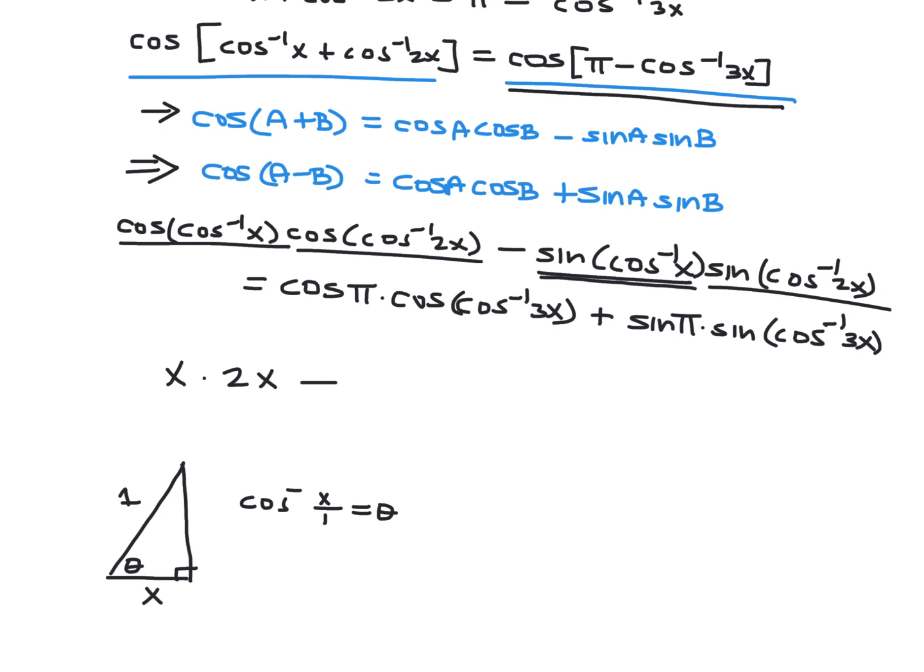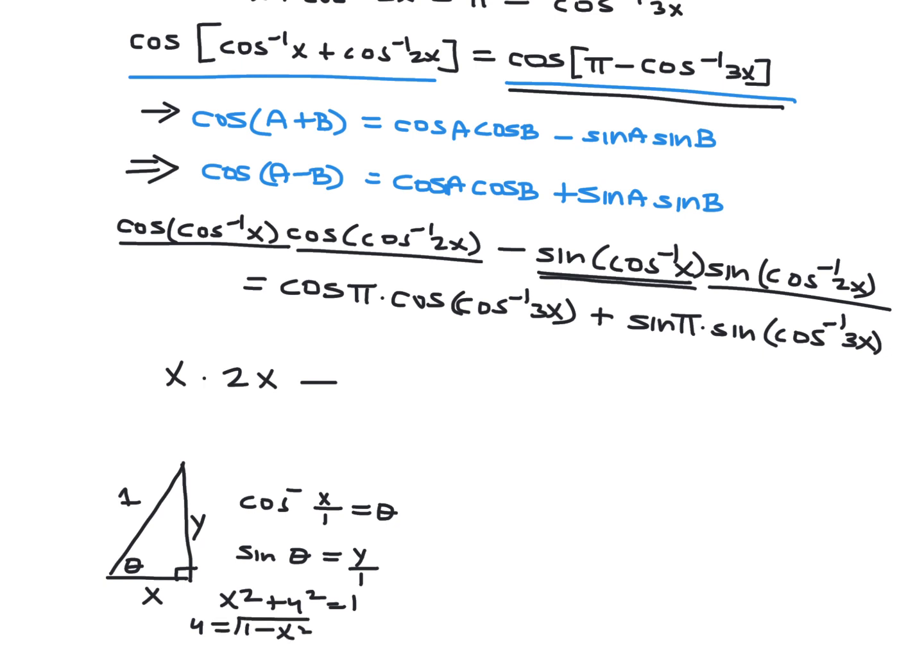Now we're interested in the sine of that. So we're really interested in the sine of theta. To figure out the sine of theta, that would be opposite over hypotenuse. But what's the opposite? Well, this is the opposite. So that's y over 1. But we want y in terms of x, because we don't want to put a y in there. So using Pythagoras, that's how you get the y in terms of x, and it would be the square root of 1 minus x squared.